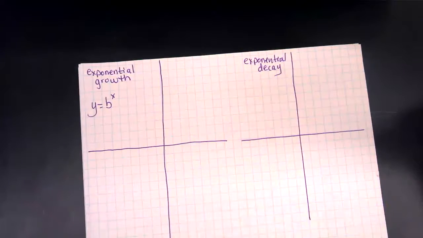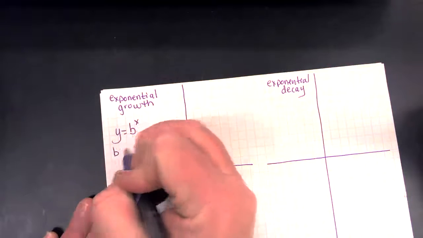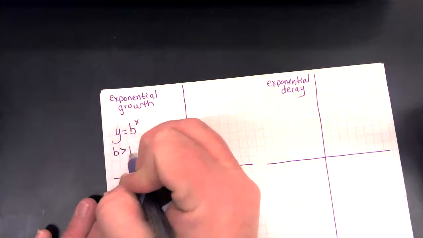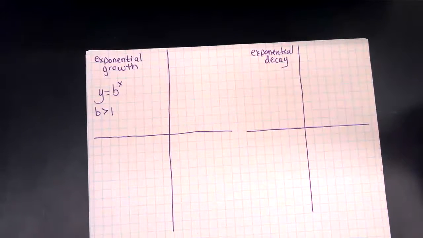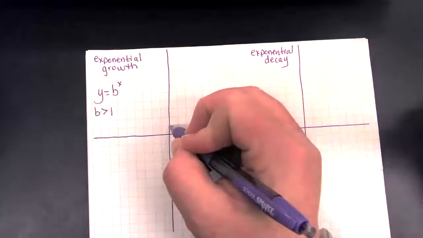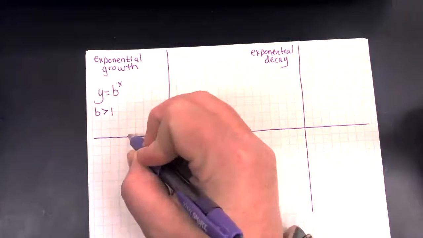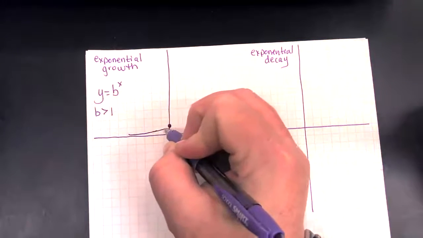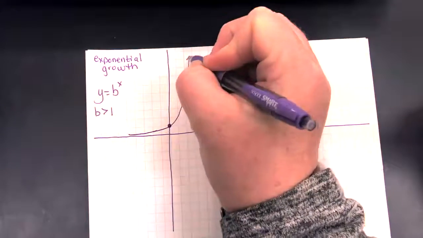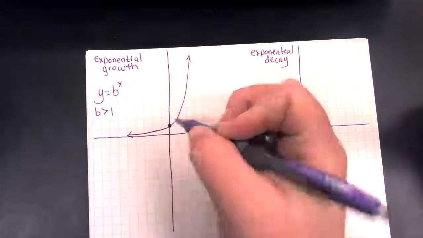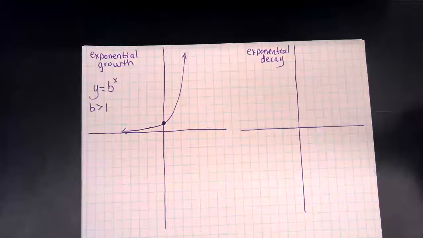So exponential growth is when b is going to be greater than 1. Okay. And the thing is that it's always going to cross at 0, 1 and go up.